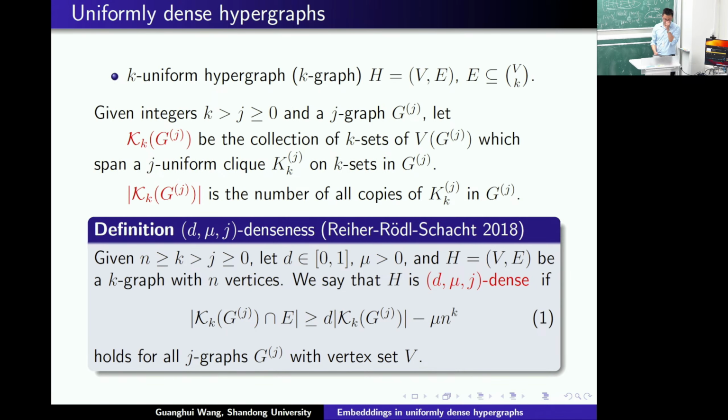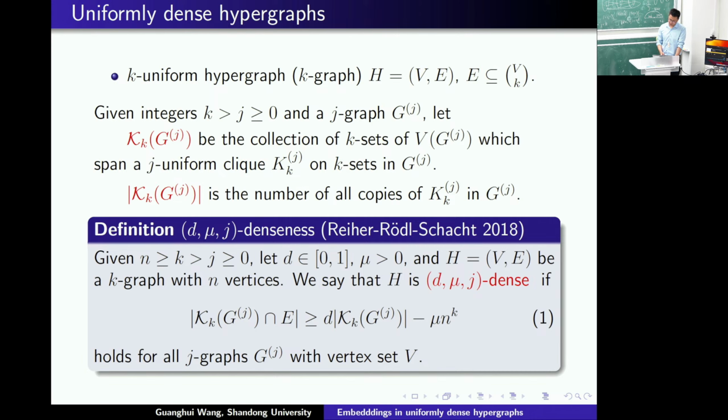So let's go to the key graph. In fact, Reiher, Rödl and Schacht give a definition of (d, μ, g)-dense, where H is (d, μ, g)-dense if the edges touch all collections of k-sets which span a g-uniform clique.